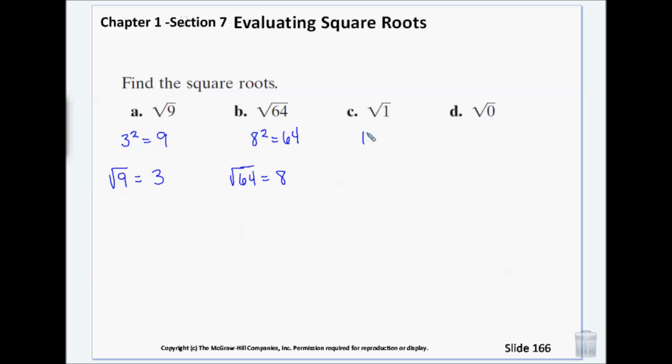Okay. 1 squared is 1. Okay, I'll slow down. Since 1 squared is 1, the square root of 1 is 1. And I didn't actually put this on your list, but what do you guys think the square root of 0 is? 0. Okay.